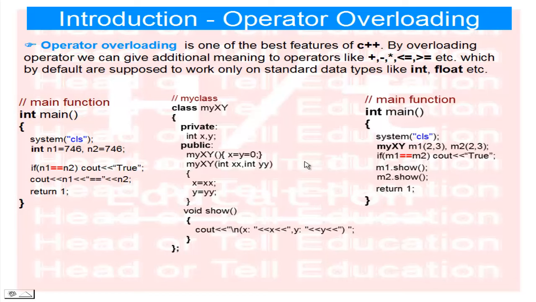I want the equal operator to work the same as for standard data types, but this does not apply to this condition because my xy class is not a standard data type.